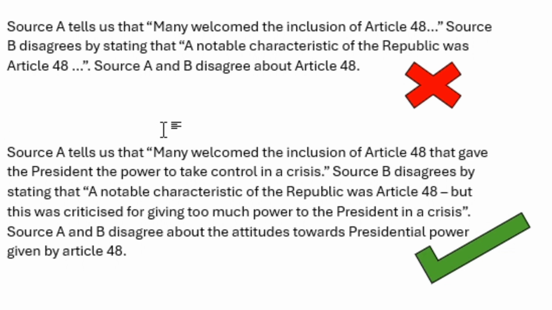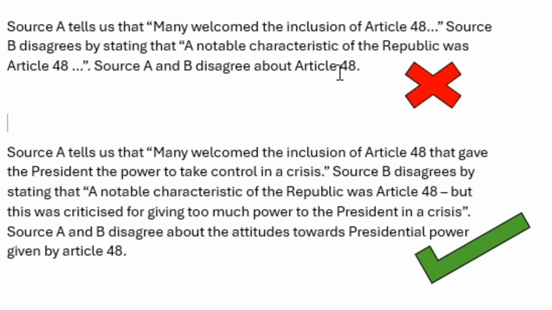Both mention Article 48, but nothing specific that helps us answer this question. So one word of advice is avoid doing that. It'll probably take you just as long to copy out the whole quote as it will to start the quote and decide where you're going to cut it off. So if you find 2 points of comparison within the source, quote the complete sentences.